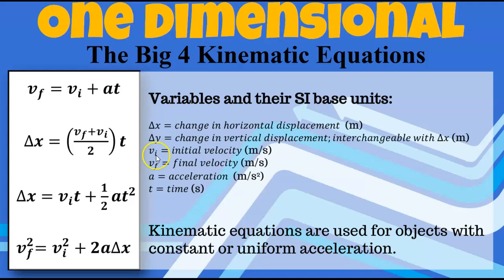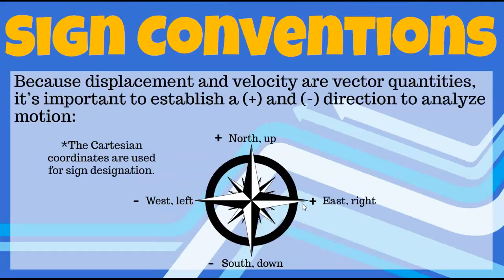Then we've got initial velocity, which is meters per second, final velocity, which is meters per second, acceleration, which is meters per second squared, and then time, which is seconds. These are the main formulas where, by identifying which variables you've been given and what you're solving for, you know which formula you will use in your equations.